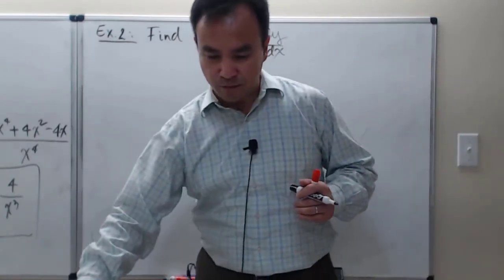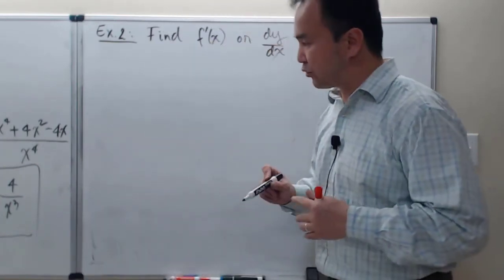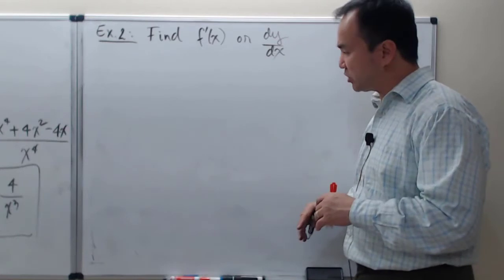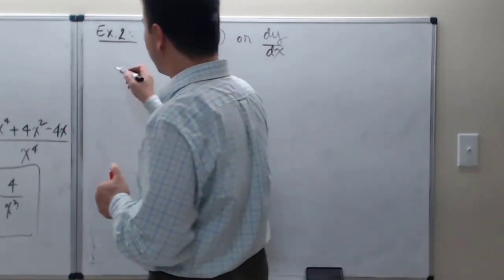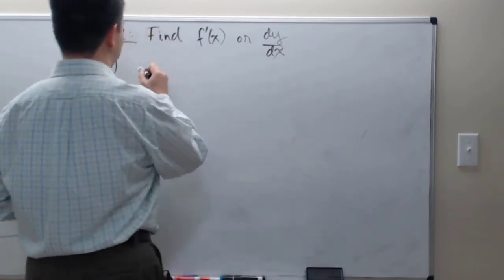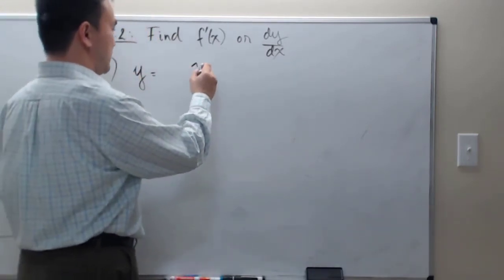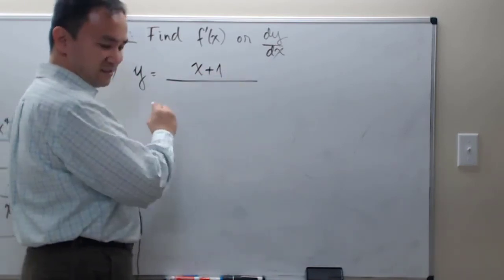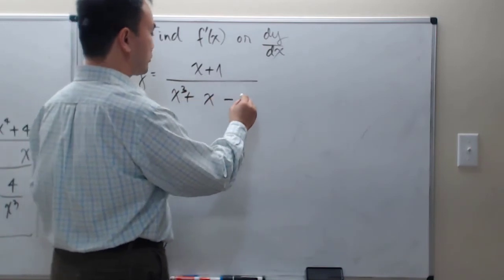For this next problem, I am going to stop right when we have the derivative found directly from the quotient rule, and we don't need to simplify the expression. So part B right here, let's look at our function y equals x plus 1 over x cubed plus x minus 2.